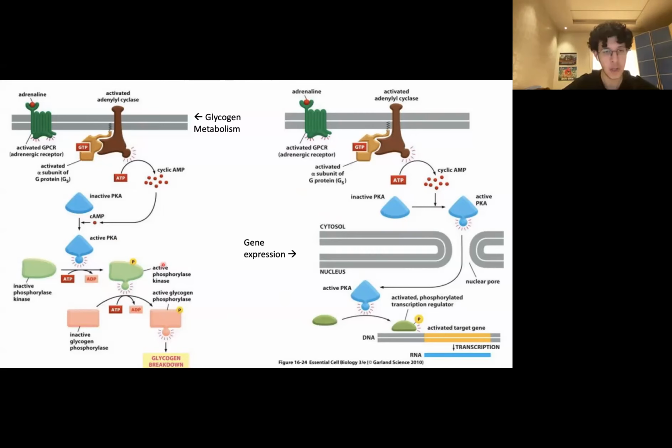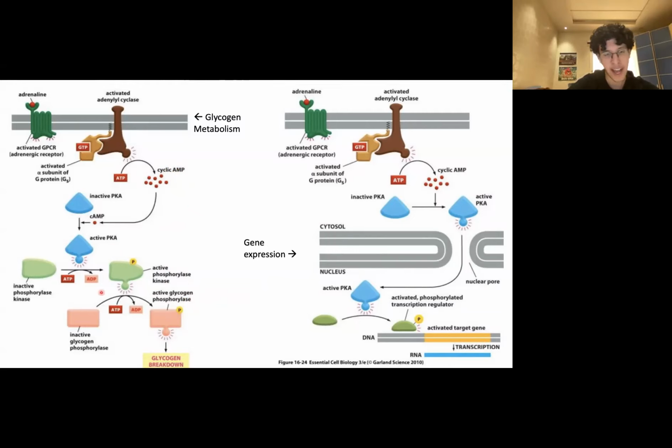So when we look at the steps, as with pathways, we have different places where things can go wrong. Cyclic AMP, our second messenger, is going to be involved with glycogen breakdown and transcription. Most likely, if you get a question, let's say there's bad glycogen metabolism, what molecule is responsible? It could be cyclic AMP, protein kinase A, phosphorylase kinase, or glycogen phosphorylase.